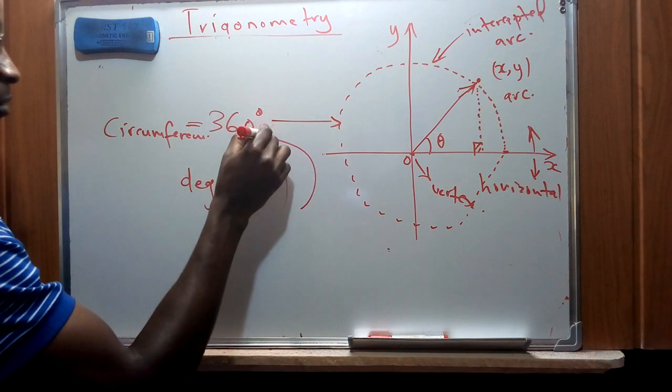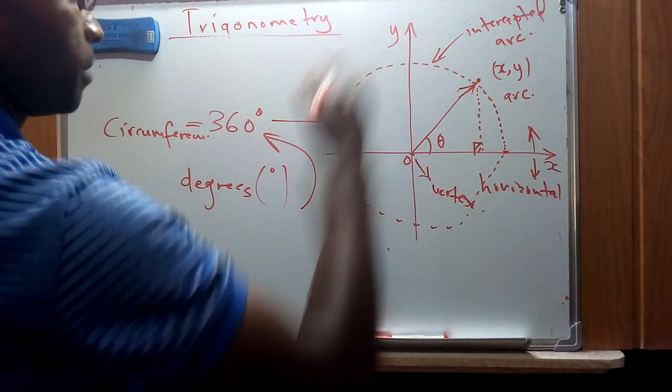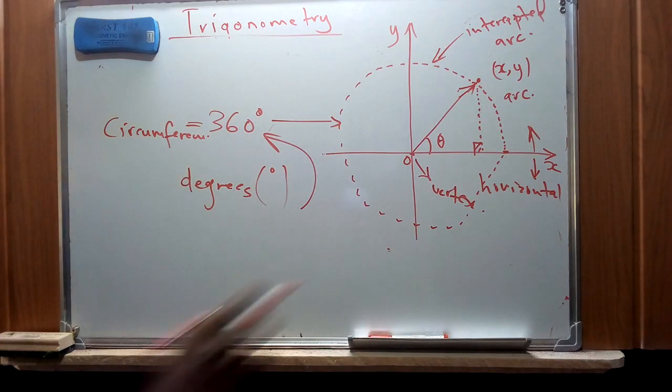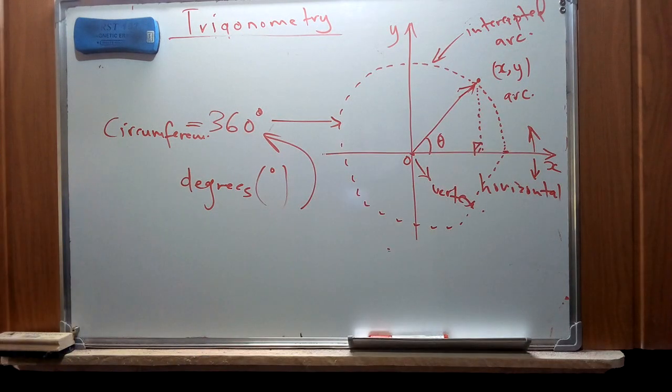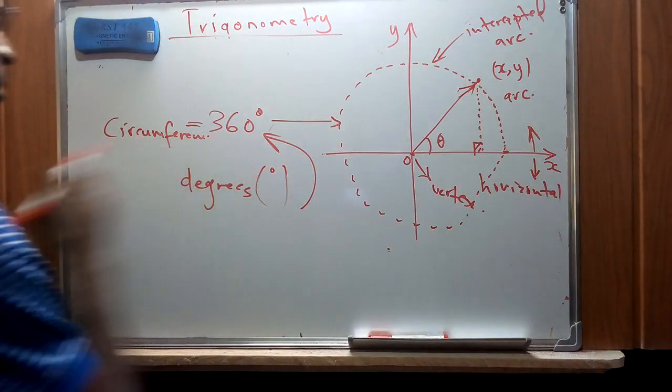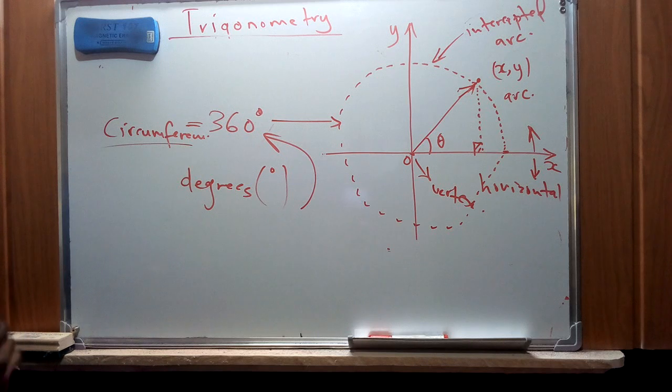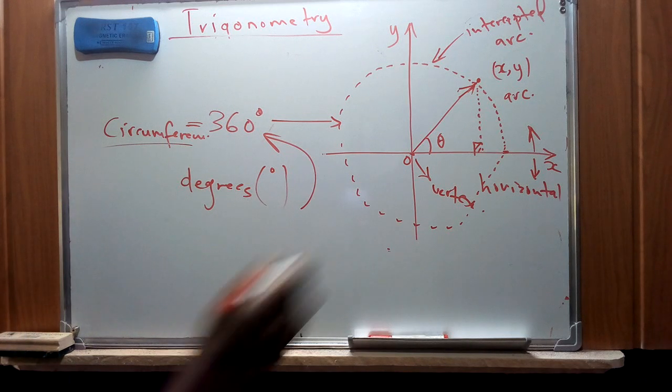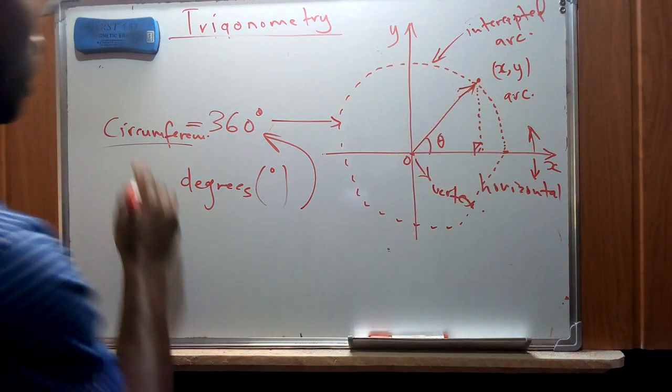When we're talking about the intercepted arc running from the origin and returning to that specific point, it circumscribes what we call a circle. That whole distance is known as the circumference.